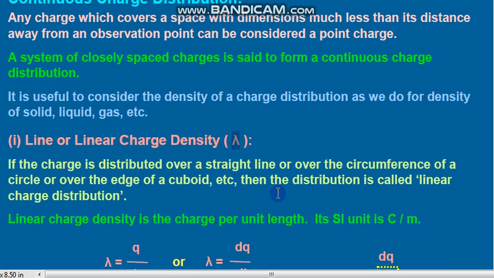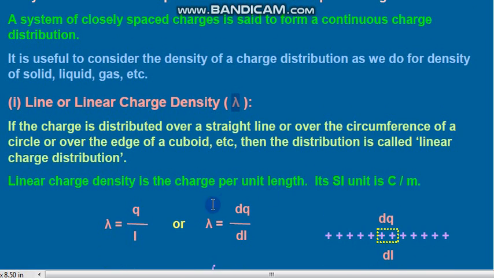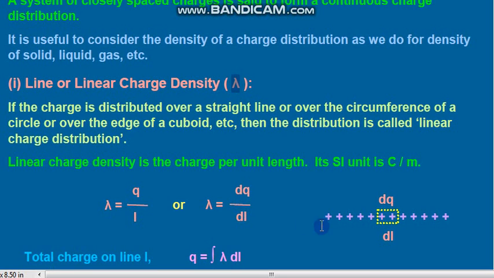This linear charge density is equal to, if L is the entire length of the object and Q is the charge, then lambda is equal to Q divided by L. Or if I take a very small length dl of an object over which the charge dq resides, then for that particular length, or for any general object, the linear charge density at that point is equal to dq by dl.